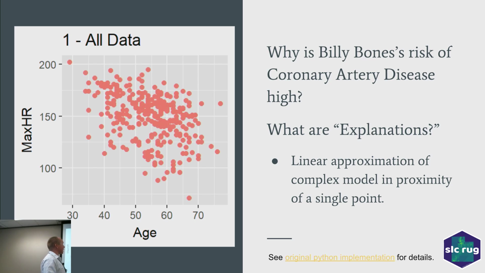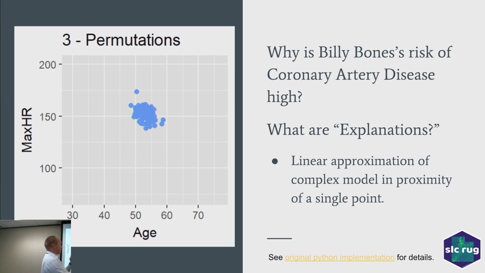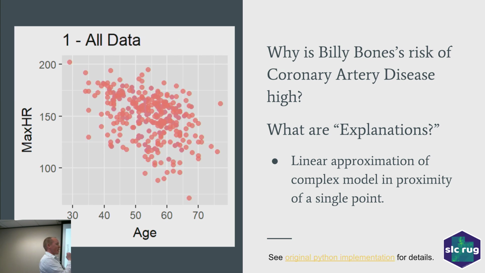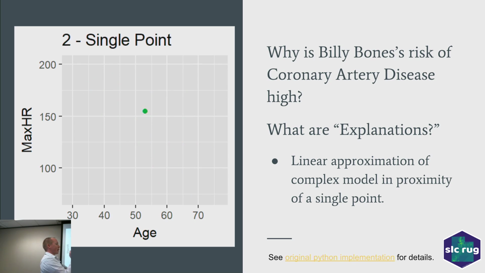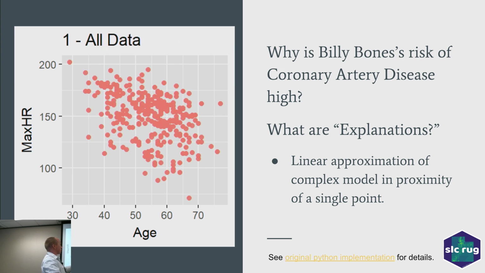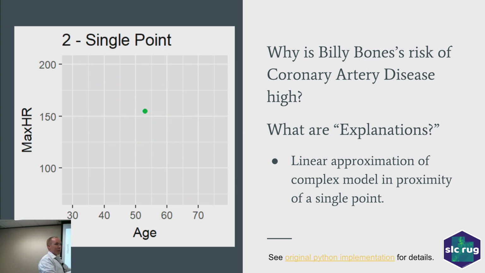But I can still use this method to zoom in on Billy Bones. It's almost like trying to get a feel for, well, if I move him a little bit this way, what happens to his probability if I move him this way? Except instead of doing that one or two times, you do it like 500 times, or 5,000 times, however many permutations you want.